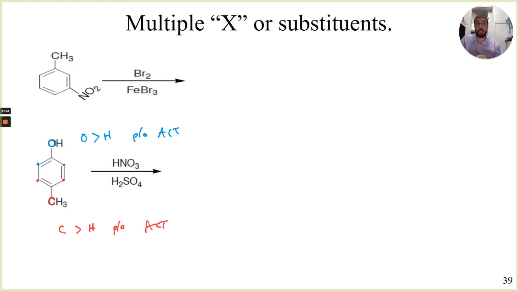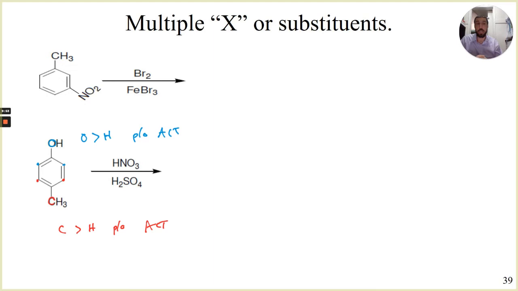Okay? How could we go through and decide this? In the first question that we looked at, we had a clear difference in activating ability. We had an activator versus a deactivator. In this second case, they're both activators. So how would we decide which one? Well, is there a difference in their activity?